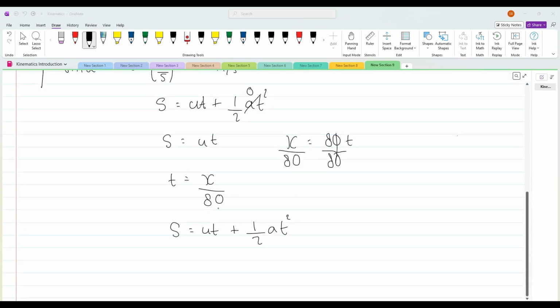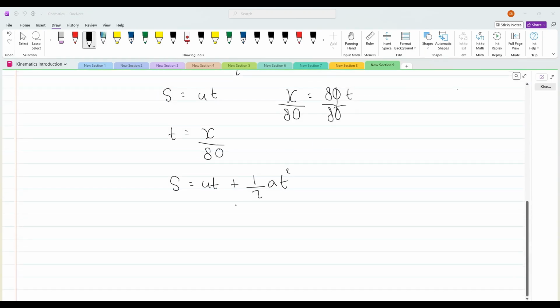So this is nothing but S equals y minus 4.5. U, the initial velocity, is nothing but 60. So let's plug in the numbers we have so far.